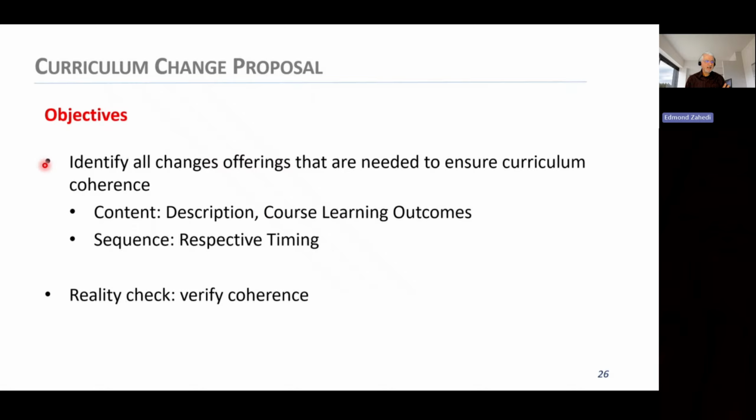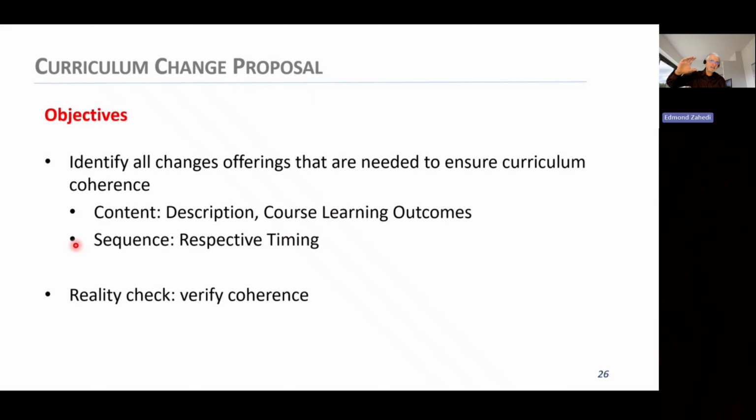So when we're talking about content, obviously the description and the course learning outcomes are going to be the major elements, but also the key assessment activities. And the other thing is the sequence, the respective timing of when this course is offered in the curriculum.